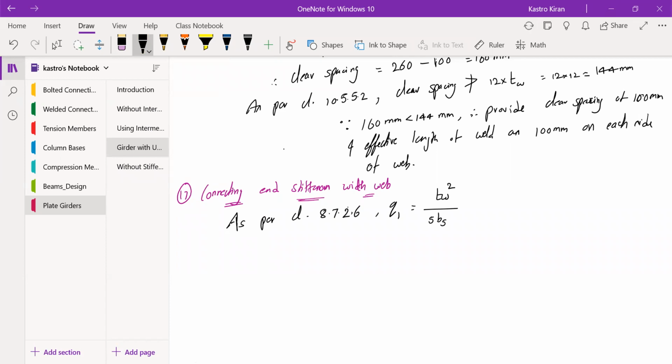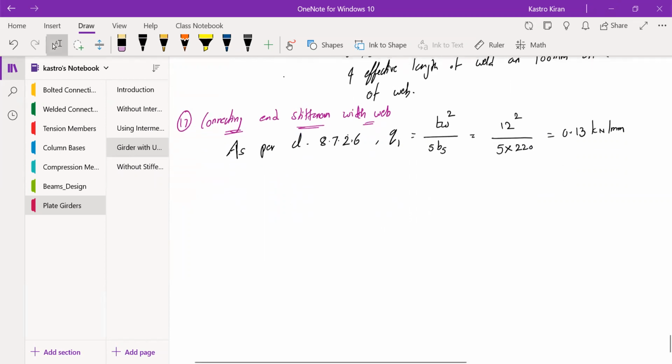What is BS is width of the stiffener. So TW is the thickness of the web, that is 12. So 12 square upon 5 times of width of the stiffener is 220. We know that the dimension of the stiffener is 220 by 12 mm. Right? That's how you're getting the value of 220. So which will be 0.13 kilonewtons per mm.